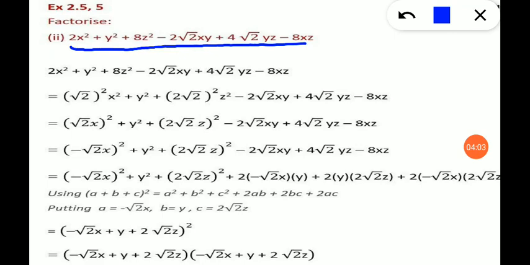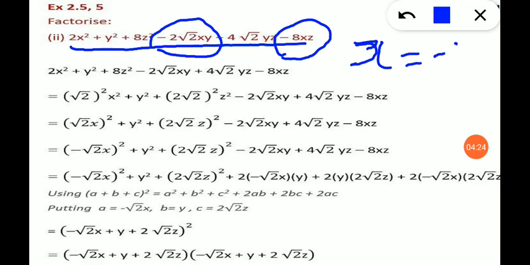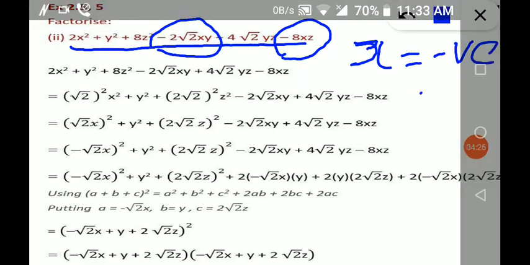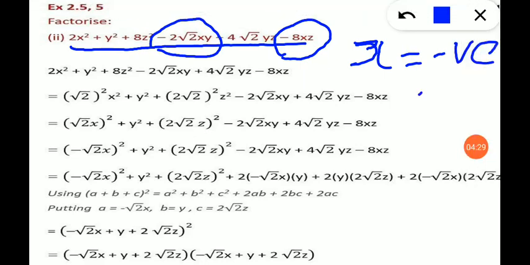Again here two terms are negative, that is minus 2 root 2 xy and minus 8 xz. So we will find out which variable is common. In both x is common, so we say that x is negative. We have to take our x as negative.